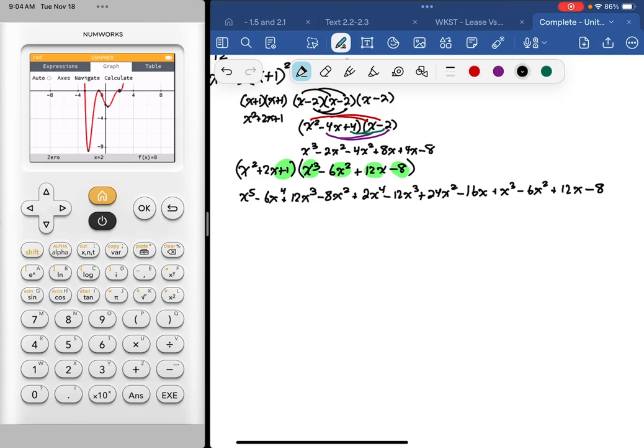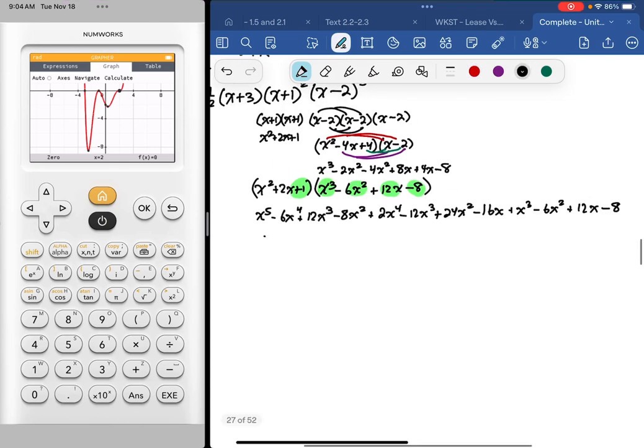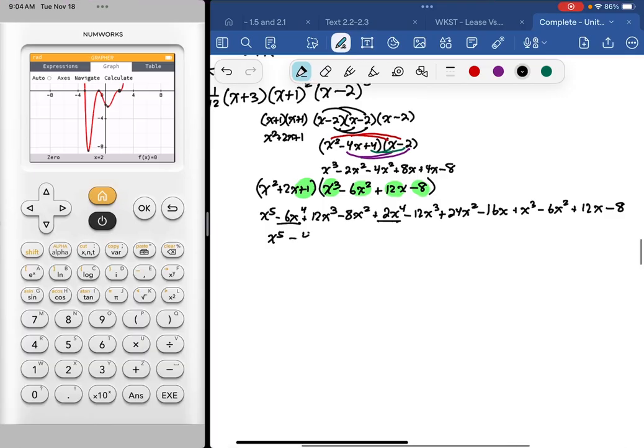So I have my x to the fifth. I have a couple of terms that have x to the fourth in it, so that's going to be negative 4x to the fourth. Then I have a couple of terms that have power of 3. So that zeroes out. Then I have a couple of terms that have power of 2.